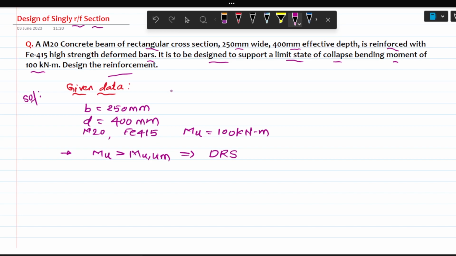I took a problem based on singly reinforced only, so it will come out automatically as a singly reinforced section. But anyway, we have to check whether it is singly reinforced or doubly reinforced.